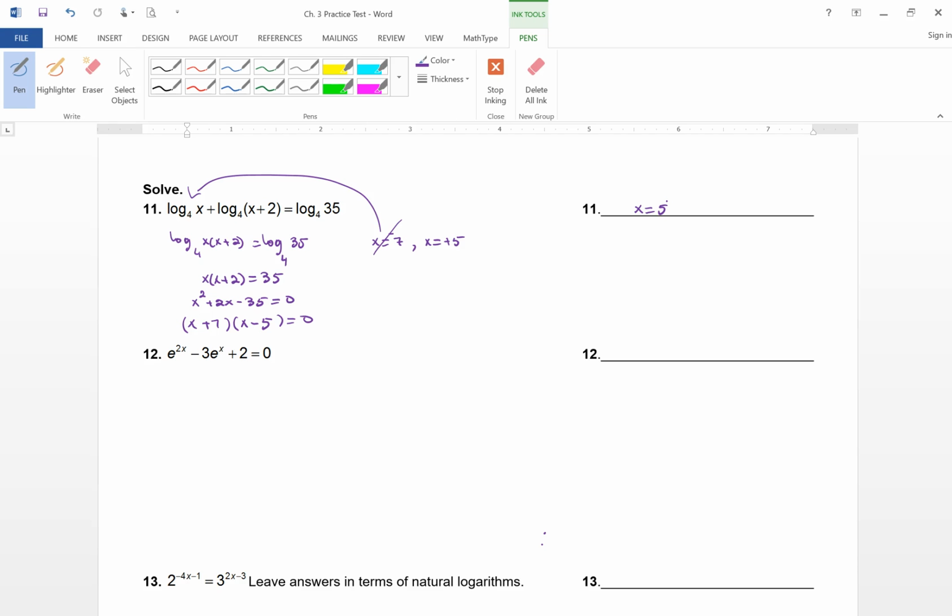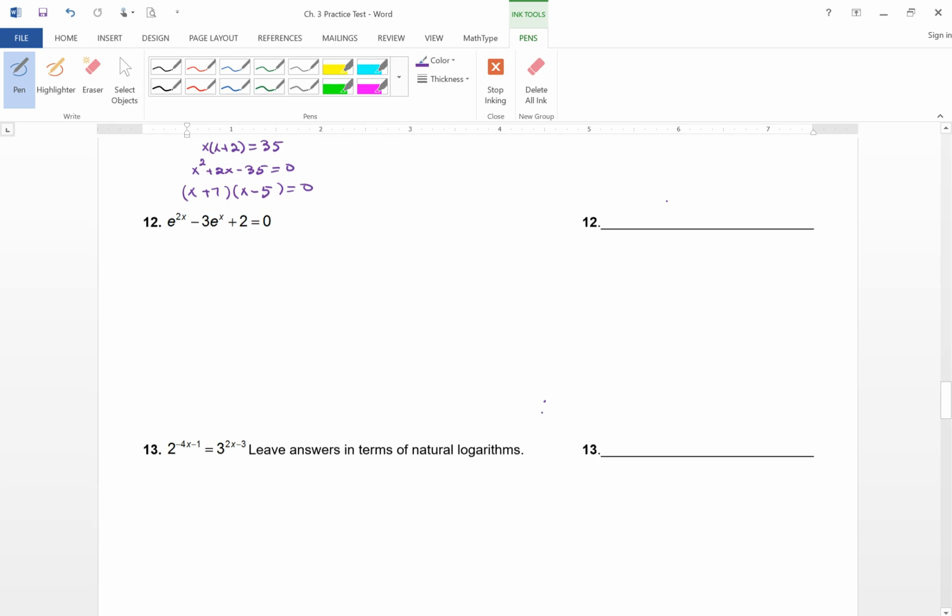The next one, we have a quadratic form. So rather than x and x, we have e to the x and e to the x. And the rest we need to multiply to 2 and add to negative 3. So it's negative 2 and negative 1.